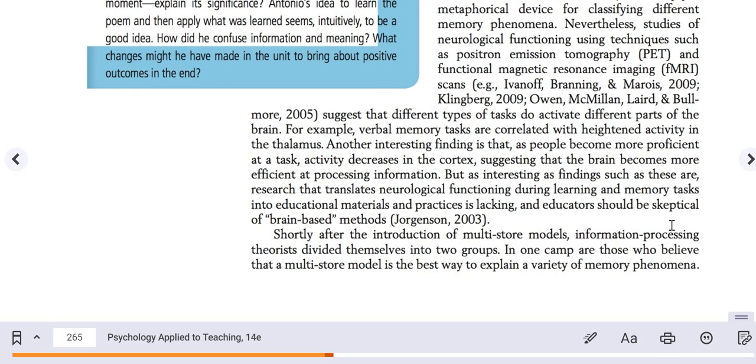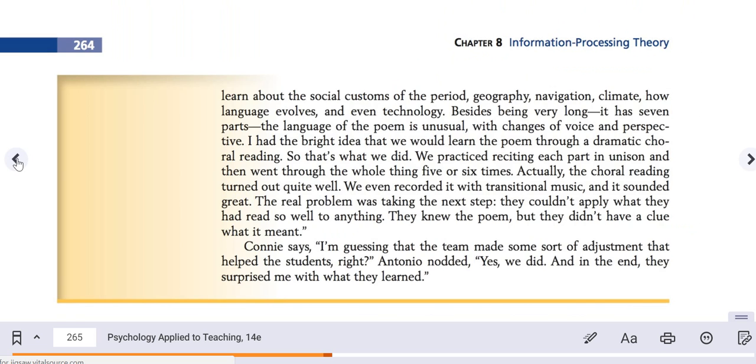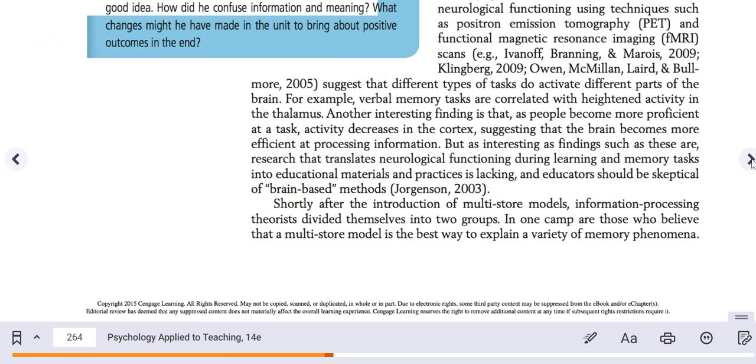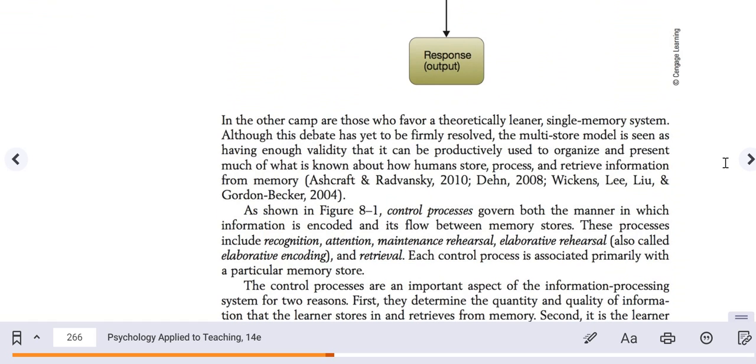Shortly after the introduction of multi-store models, information processing theorists divided themselves into two groups. In one camp are those who believe that a multi-store model is the best way to explain a variety of memory phenomena. In the other camp are those who favor a single memory system.